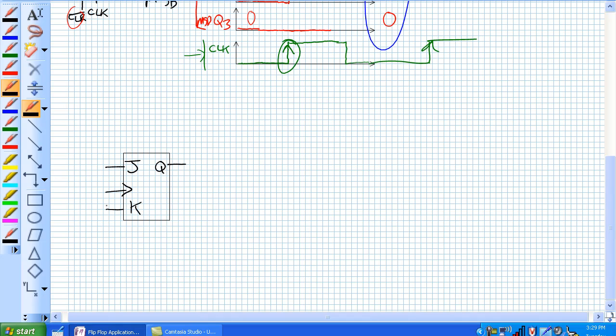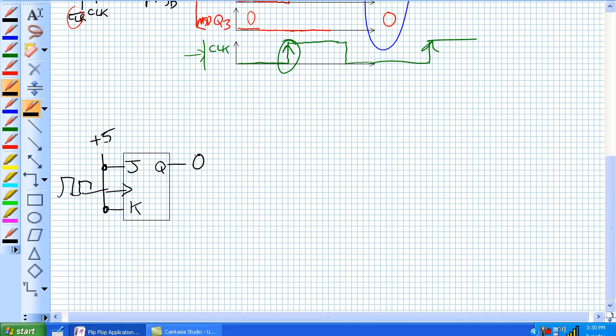If you remember right, toggle mode is basically tying both our J's and K's to a 1. And so whatever it was on the Q output, the next rising edge, it switches to the other.